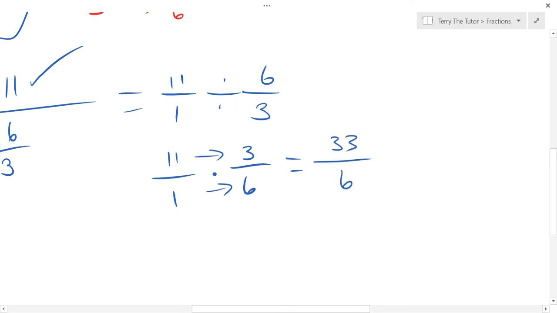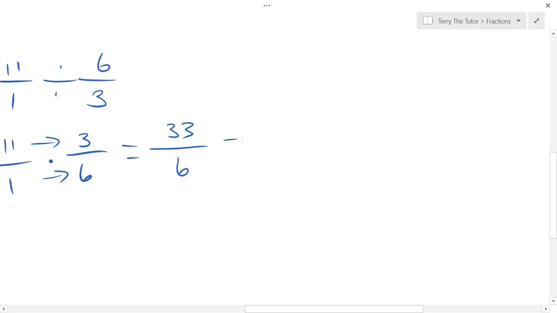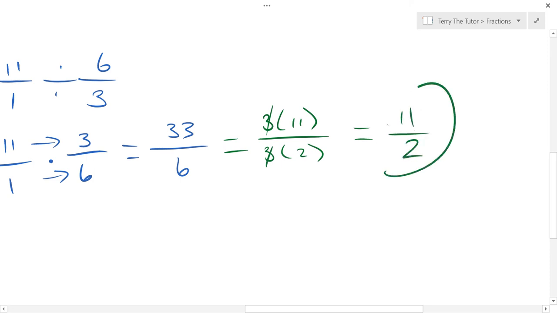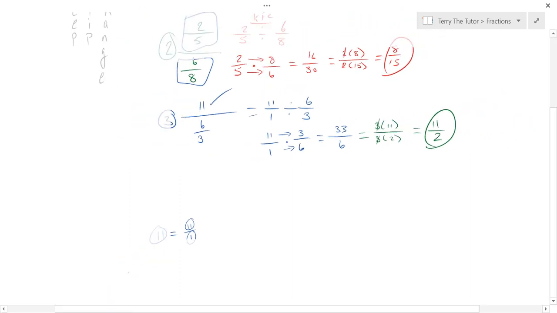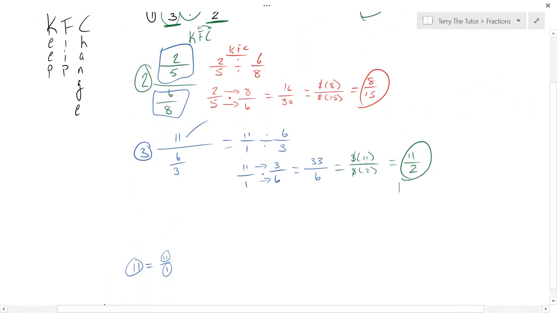I don't believe that's going to give us a whole number, but we can still factor it. 33, well, that is 3 times 11. And 6 is 3 times 2. I can cancel that out, and I wind up with 11 over 2. Beautiful.